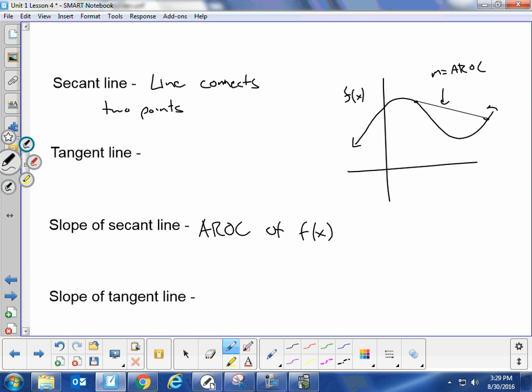Now, what you just saw right there, we could describe as being a tangent line. A tangent line is a line that is just touching our function at a specific point.